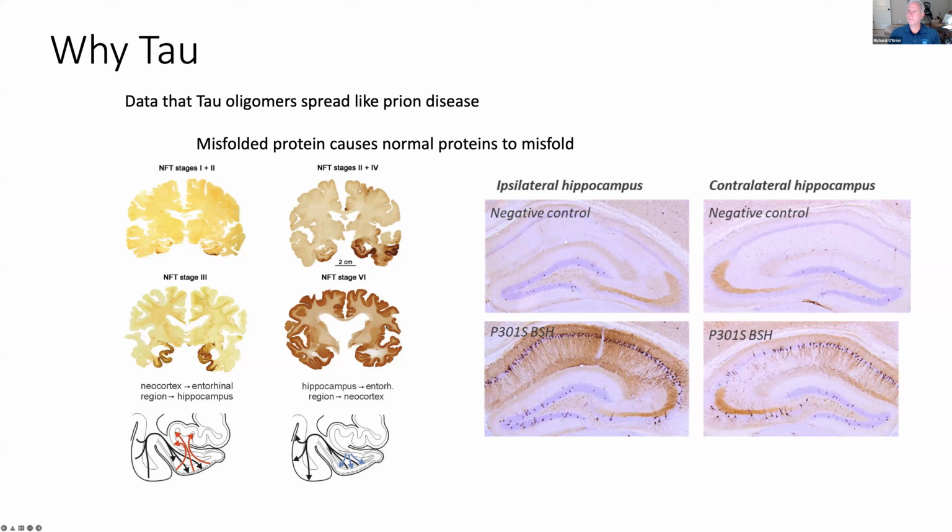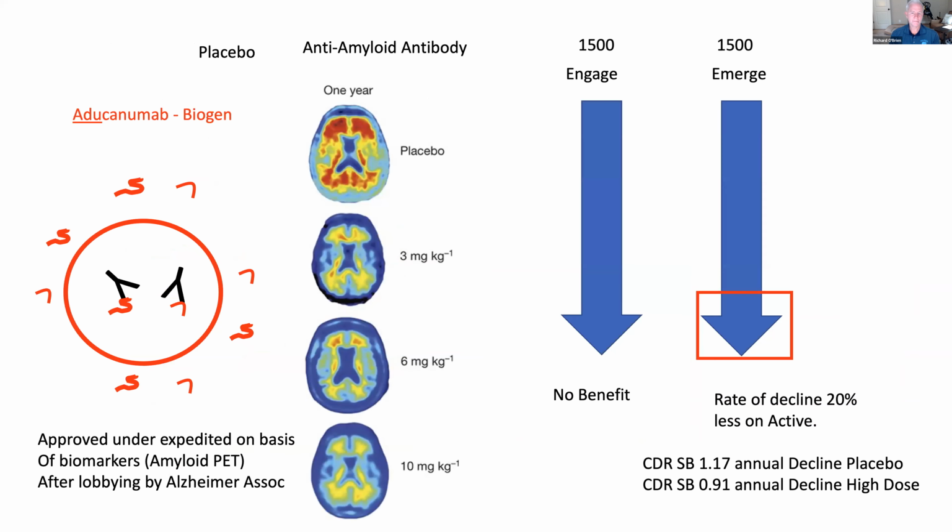It's almost like a prion disease. And the same data from mice, where you can inject it into one side of the brain and see it on the other side of the brain in several months, gives rise to the thought of a protein misfolding disorder similar to the prion diseases. And that's why tau has become such a popular target as well.